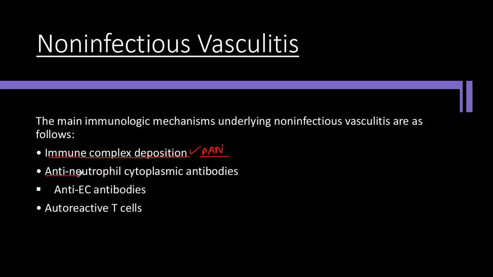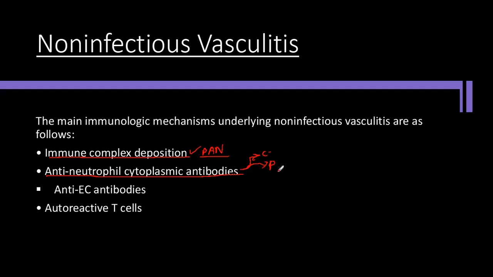Also, you have anti-neutrophilic cytoplasmic antibodies, which are mainly of two types: c-ANCA, or cytoplasmic ANCA, and p-ANCA, or perinuclear ANCA.